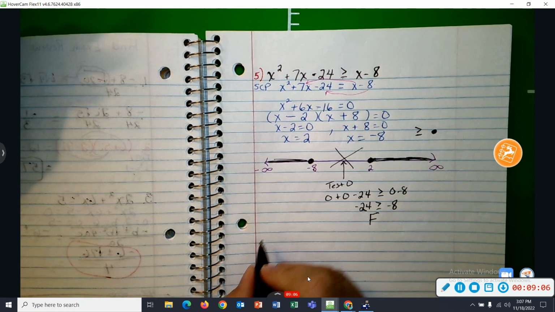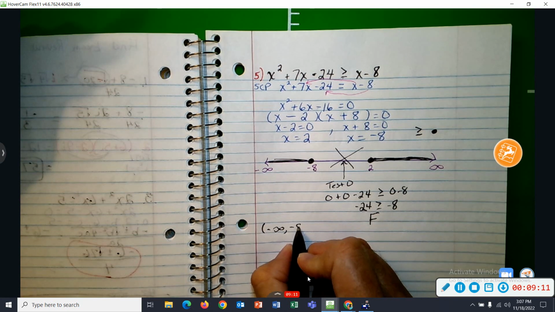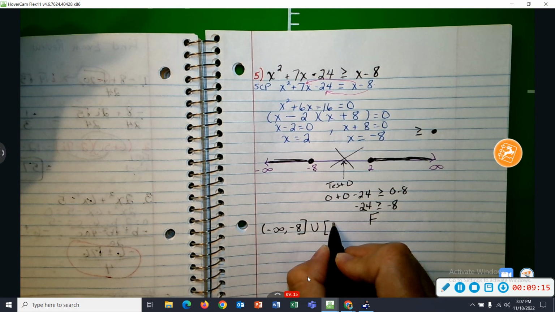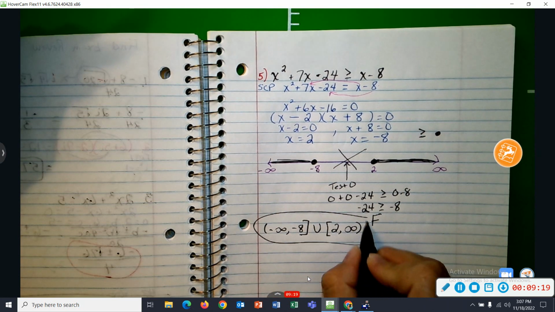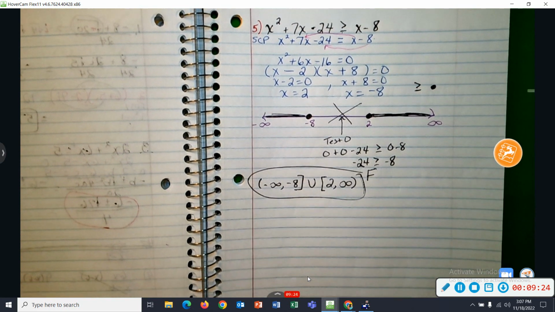So the answer in interval notation: parentheses, negative infinity to negative 8, square bracket, union, bracket, 2 to infinity. Let me type that in.